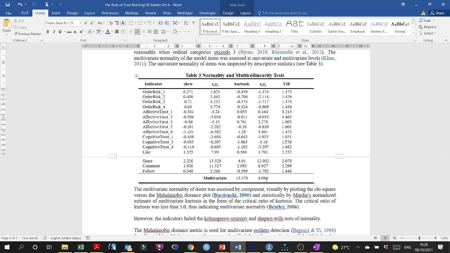But I see them reporting the critical value for a multivariate model being 1.96, and I was also curious about learning how to do the bootstrapping. Bootstrapping is usually used when you have problems with the normality check.